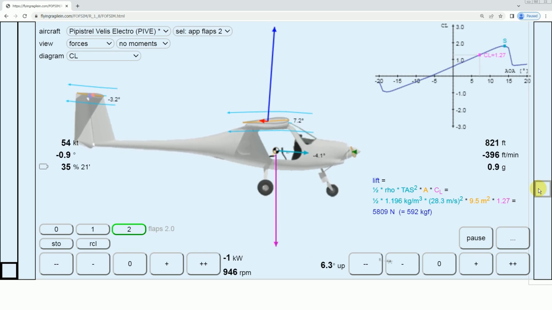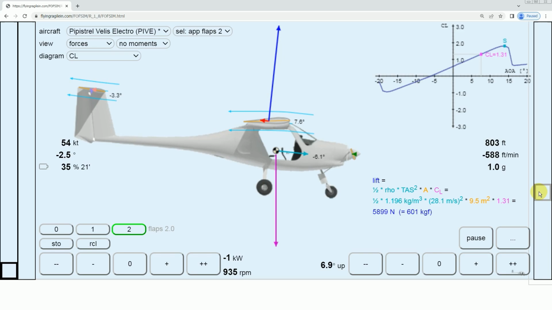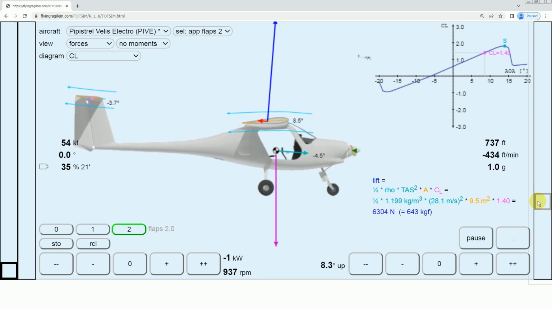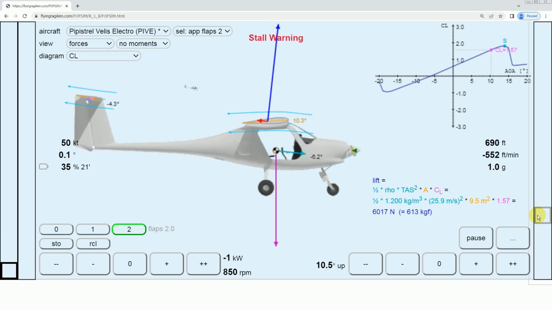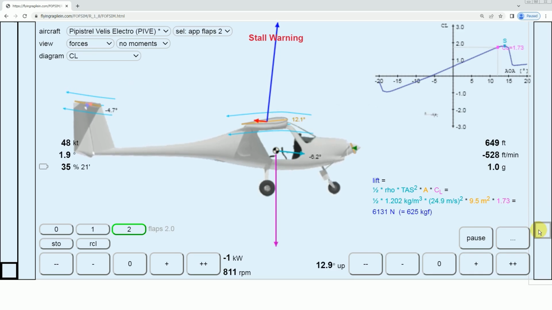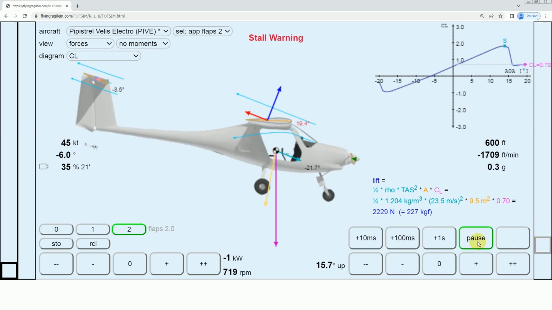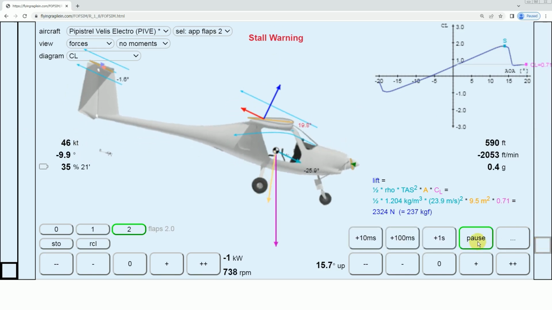You could call this a vicious cycle, a pull runaway. The pull runaway quickly brings you to the critical angle of attack. And the aircraft stalls. Now hopefully you still have enough altitude to recover.